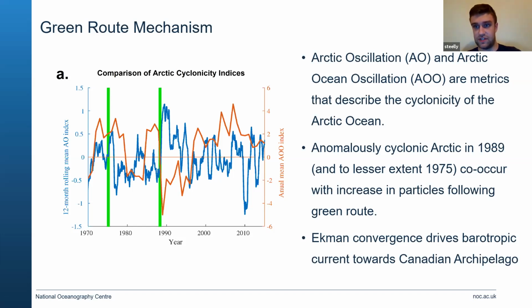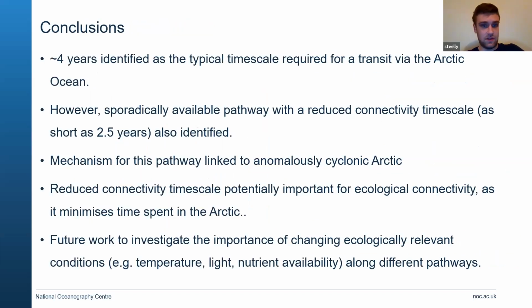By continuity, this induces slope and sea surface gradients and drives a barotropic current towards the Canadian archipelago, where in more anticyclonic conditions, this pathway would be blocked, or at least mostly blocked. And the idea is, this is our explanation for why we think this enormously short trajectory may exist. And if this shorter pathway exists, coupled with a changing, warming Arctic Ocean, it potentially could lead to an increase in ecological connectivity between the two basins.